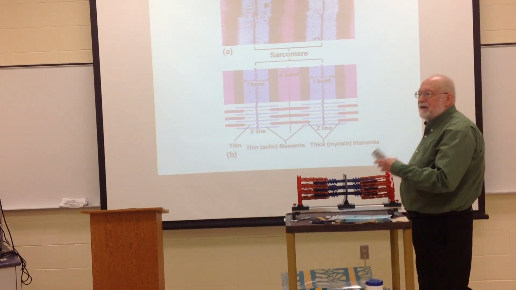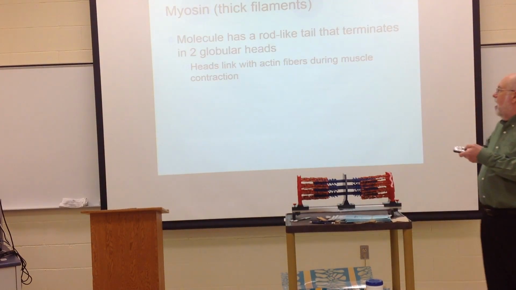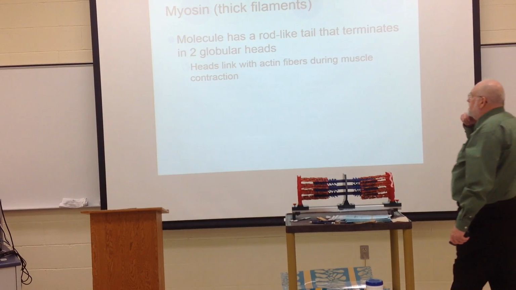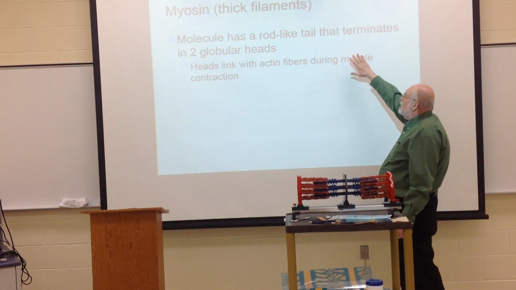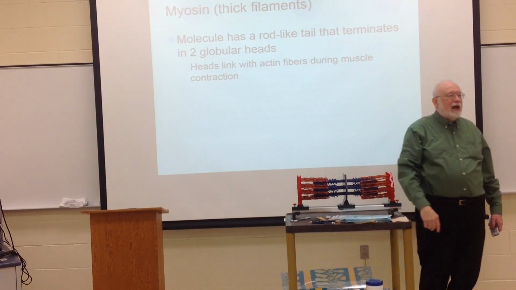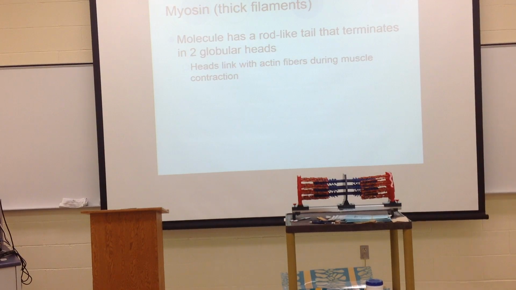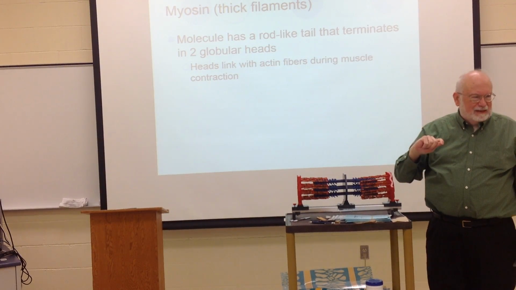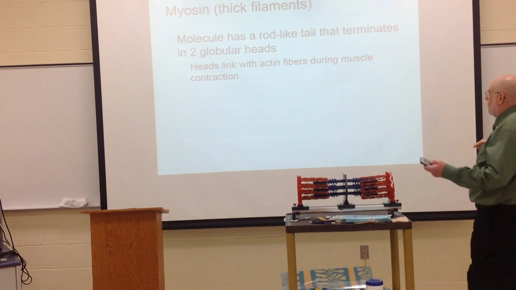Okay? Now there we are. Now we got the table set with all the goodies. All right. Myosin thick filaments, as we said, rod-like with two globular heads on the end. What are the globular heads going to do? When the time comes, they're going to go up, they're going to grab onto actin. Now, where's the actin? Thin filaments, right? Okay.